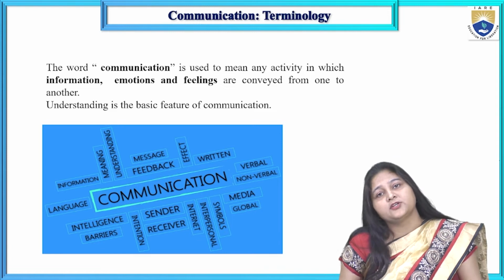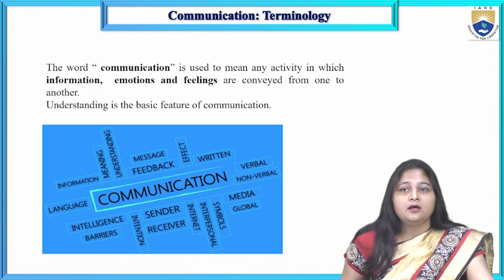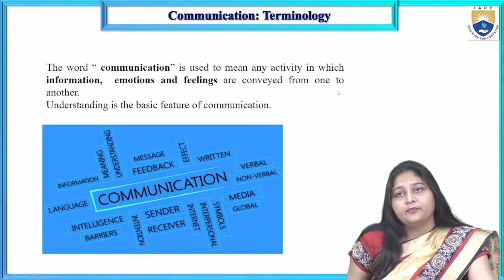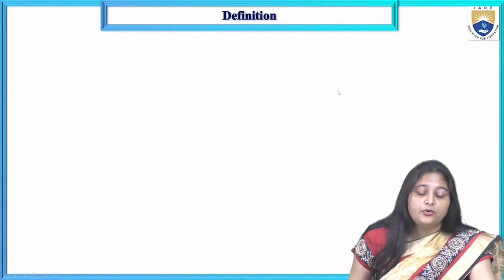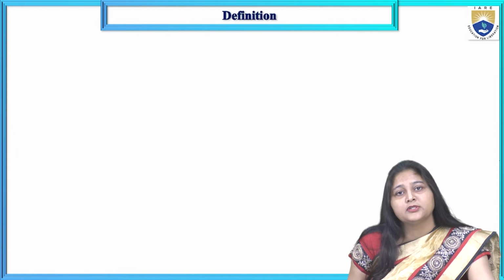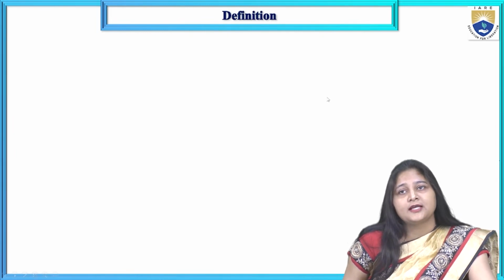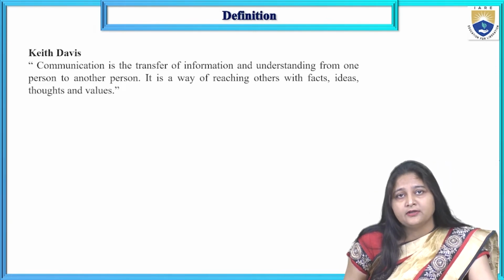How do we communicate? For communication, we need language, and there are many steps involved in communication. Before going through the steps, we will be looking at the definitions given by different scholars.